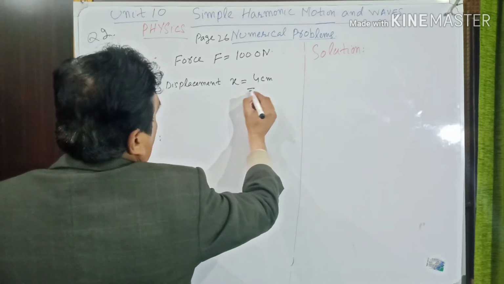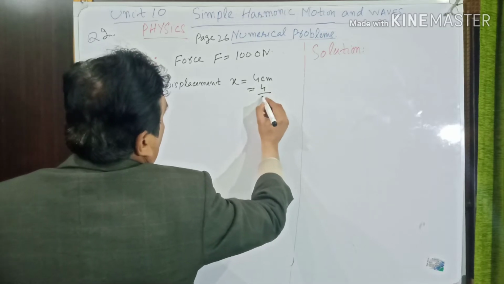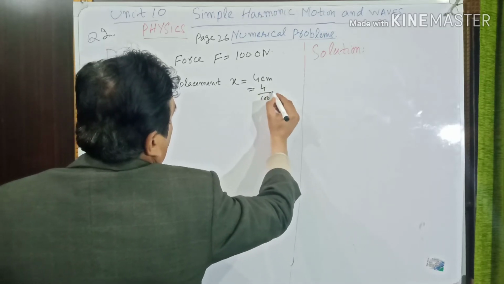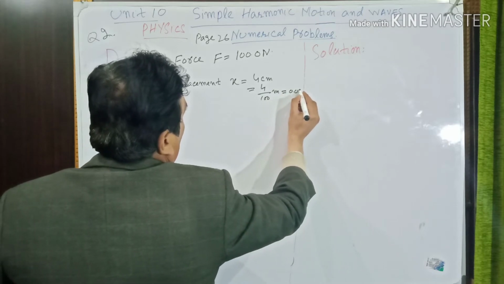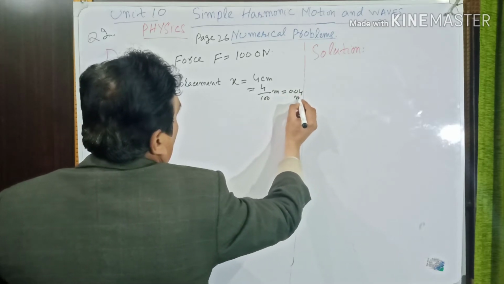We convert it into meter, divided by 100. Now it is 0.04 meter.